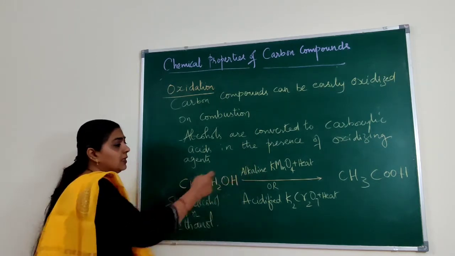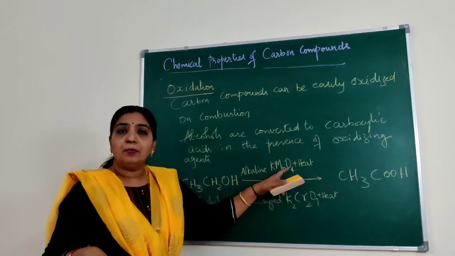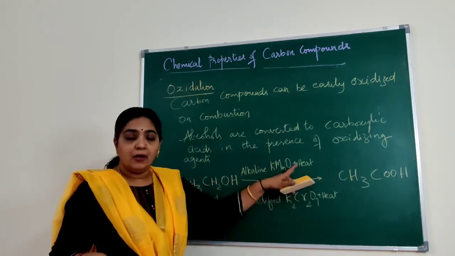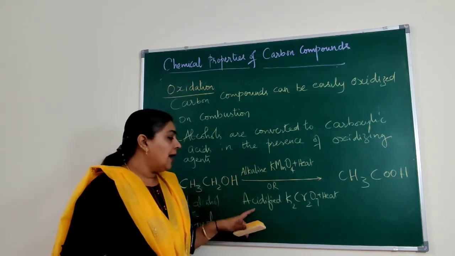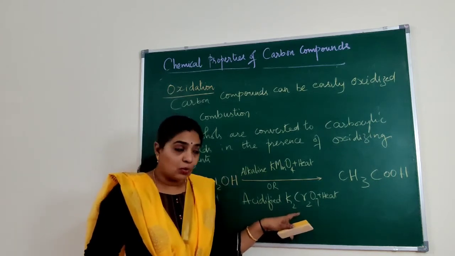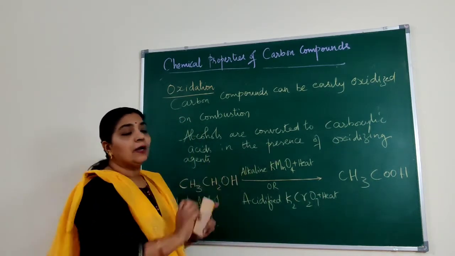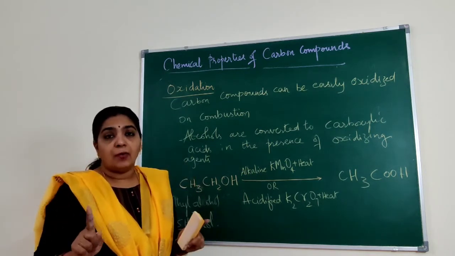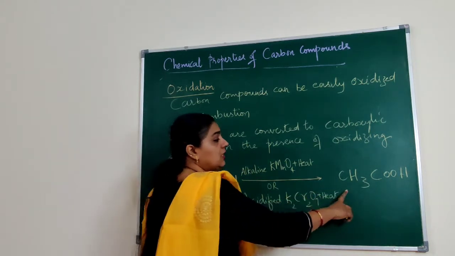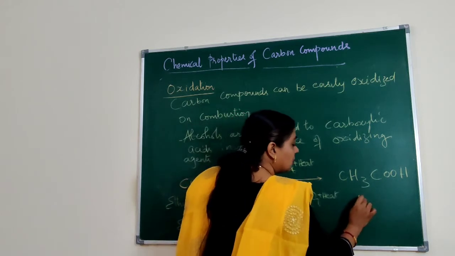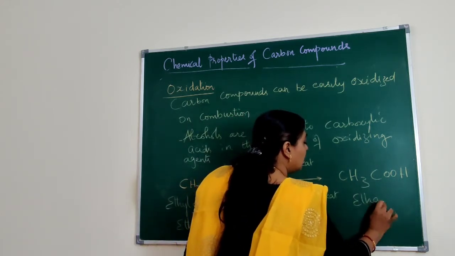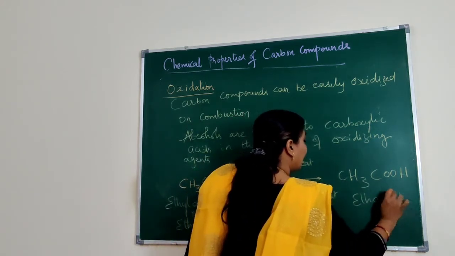When ethanol is heated with alkaline potassium permanganate, or acidified potassium dichromate, and you heat it, the alcohol will get converted into carboxylic acid. So it is CH3COOH. So it will get converted to ethanoic acid.